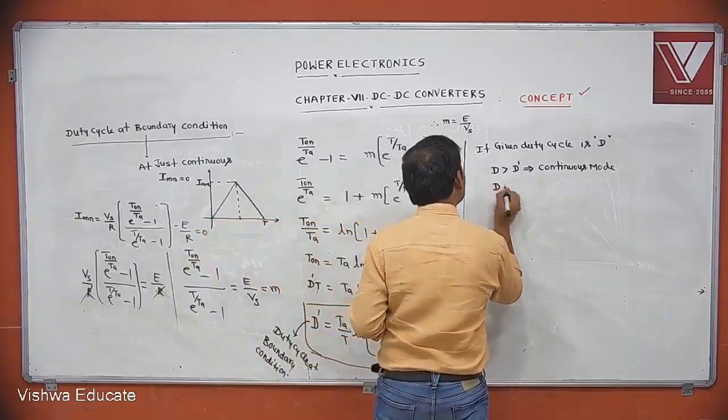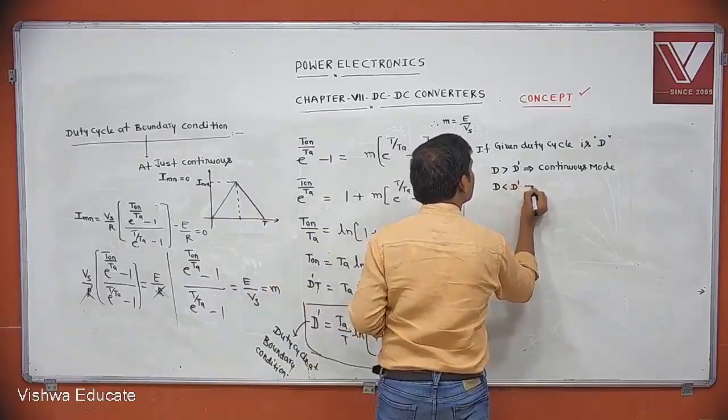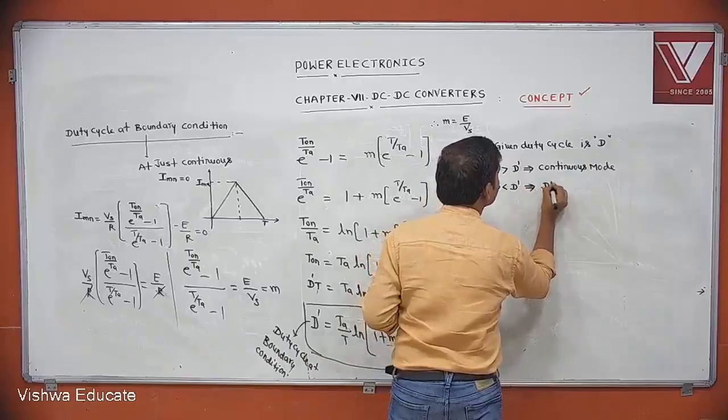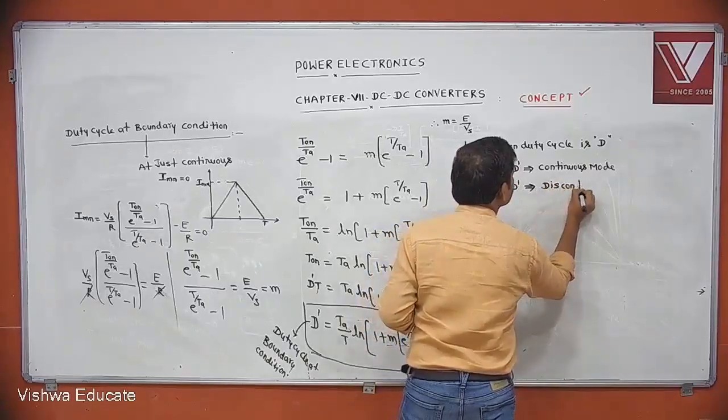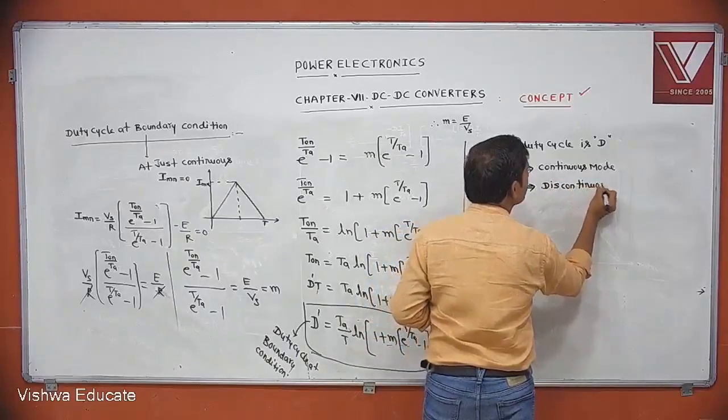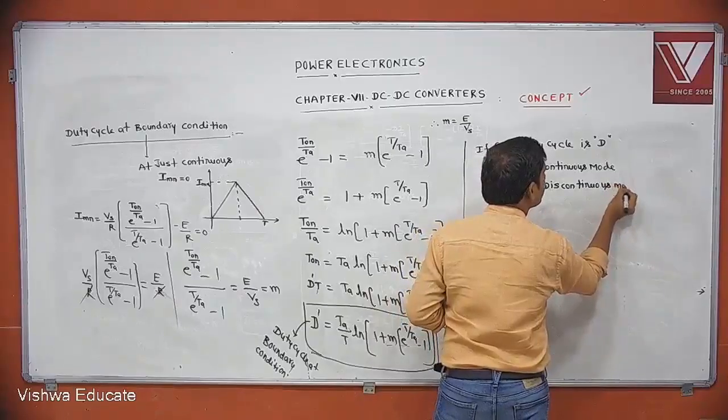If D is less than D dash, then it is discontinuous mode.